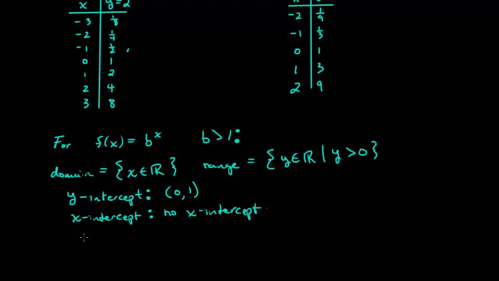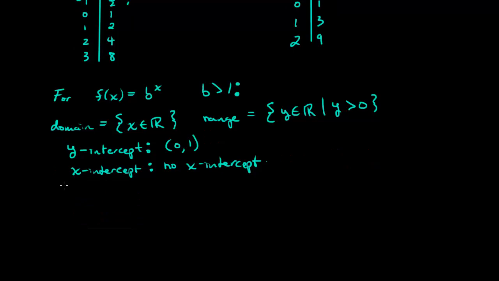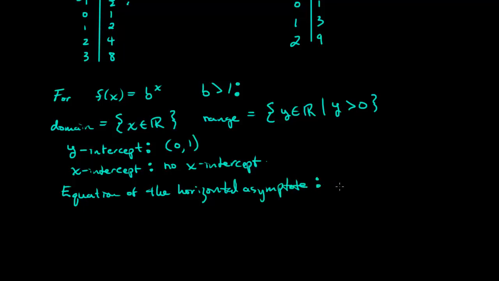And the equation of the horizontal asymptote is y is equal to 0. So we have a horizontal asymptote at the y-axis, or that is the y-axis.